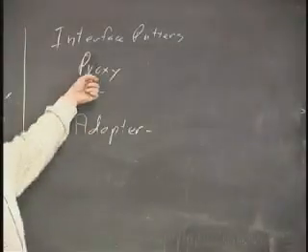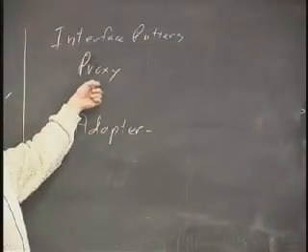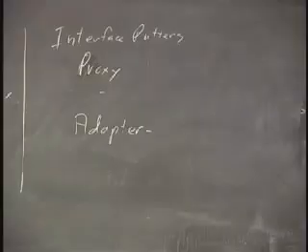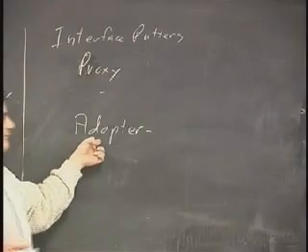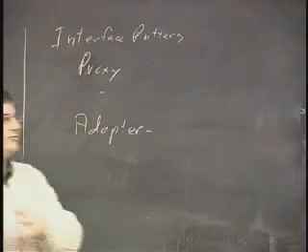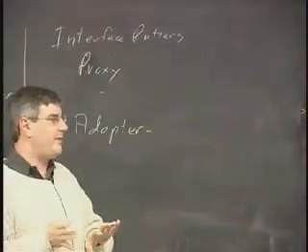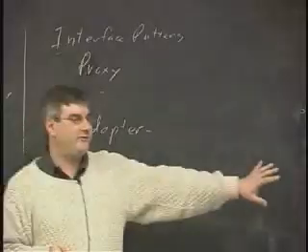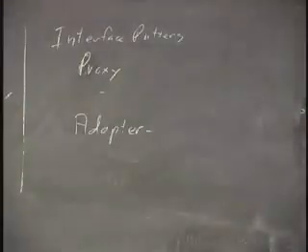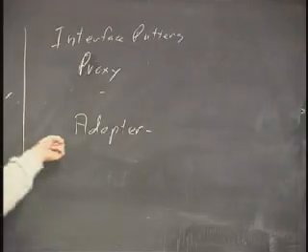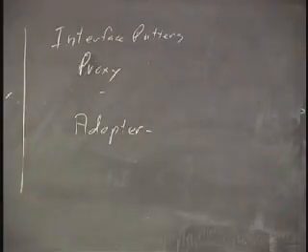An adapter is similar to a proxy, but it performs less of a stand-in function and more of a translation function. It's just trying to translate the methods of one interface to the methods of a different interface. So say you have an implementation that you inherited from somebody else of some data structure that isn't quite what you want it to be, but you could wrap it in one of these things that makes it look like the way you want to use it.